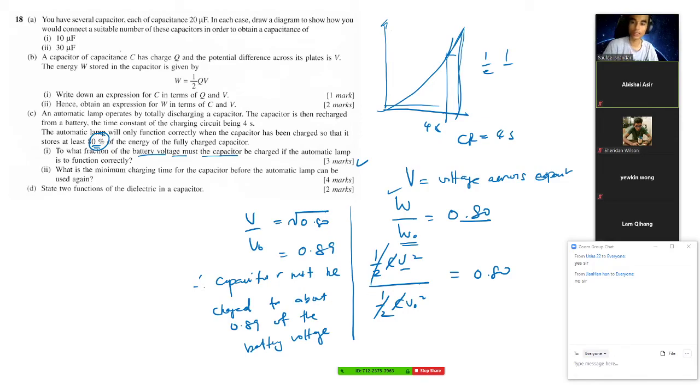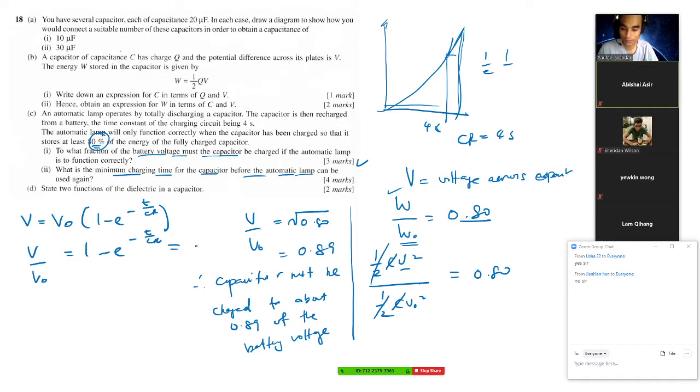Question number 2. What is the minimum charging time for the capacitor before the automatic lamp can be used again? So we use the voltage charging formula. V equals V0 times 1 minus e to the power of negative T over CR. So V over V0 equals 1 minus e to the negative T over CR, and it has a value of 0.89.